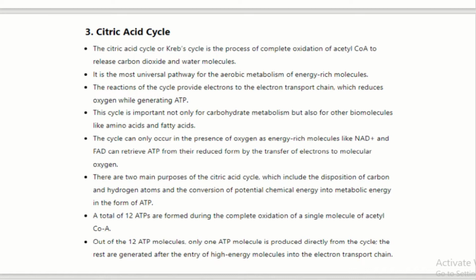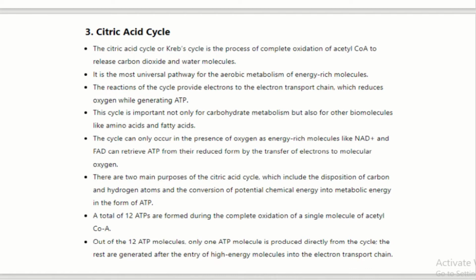The cycle can occur in the presence of oxygen as energy-rich molecules like NADH, NAD plus and FAD can retrieve ATP from their reduced form by transfer of electrons to molecular oxygen. There are two main purposes of the citric acid cycle, which include disposition of carbon and hydrogen atoms and the conversion of potential chemical energy into metabolic energy in the form of ATP.